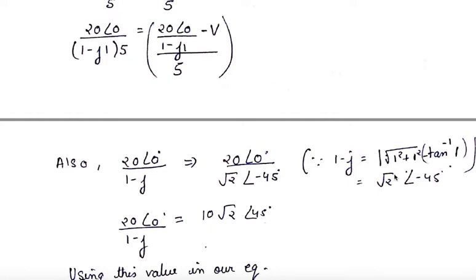Now you see 1 minus j. In the quadrant system, if the real axis is positive and the imaginary axis is negative, then it falls in the fourth quadrant, and in the fourth quadrant phase is written as minus tan inverse of imaginary component divided by real component. So minus tan inverse, imaginary is 1, real is 1. So minus tan inverse 1 is angle minus 45 degree.